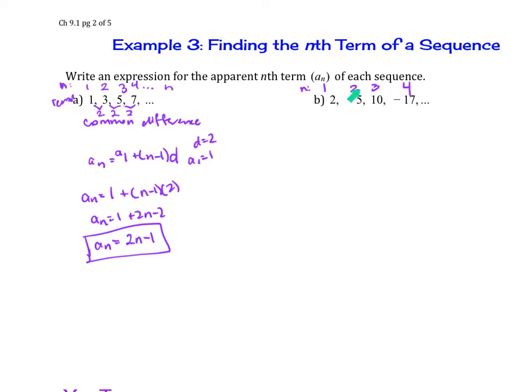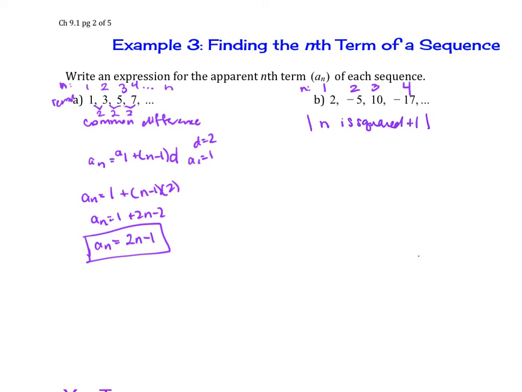Now I kind of notice a little pattern here: 2 squared is 4, 4 plus 1 is 5. 3 squared is 9, 9 plus 1 is 10. 4 squared is 16, plus 1 is 17. If I just think about that in terms of the absolute value of each of the terms, I'm going to say the absolute value is n squared plus 1.